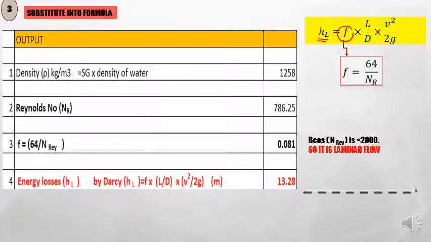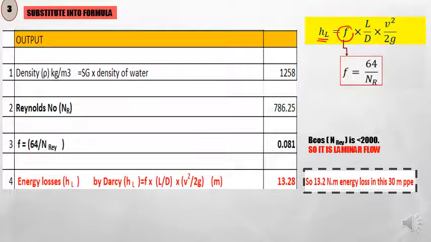So let's check it out here. You already have the density. The Reynolds number you can calculate, because it is rho V D divided by mu. You already have rho here, the viscosity is given, and the diameter is also given.